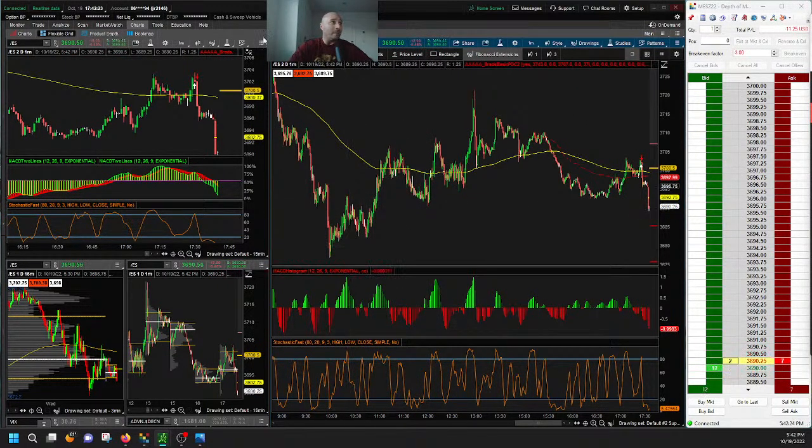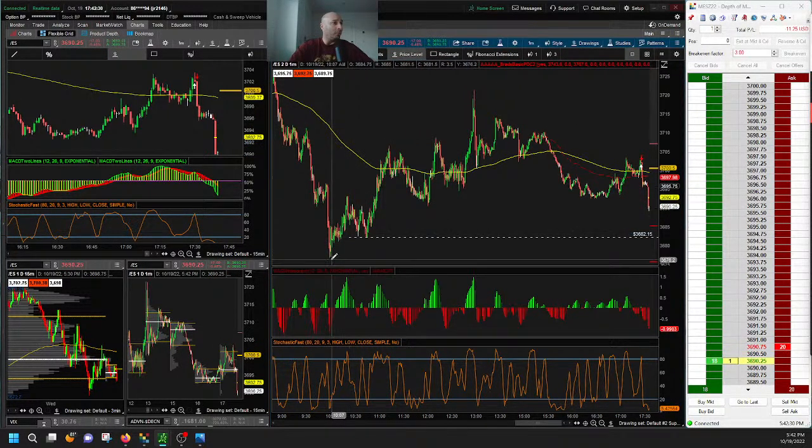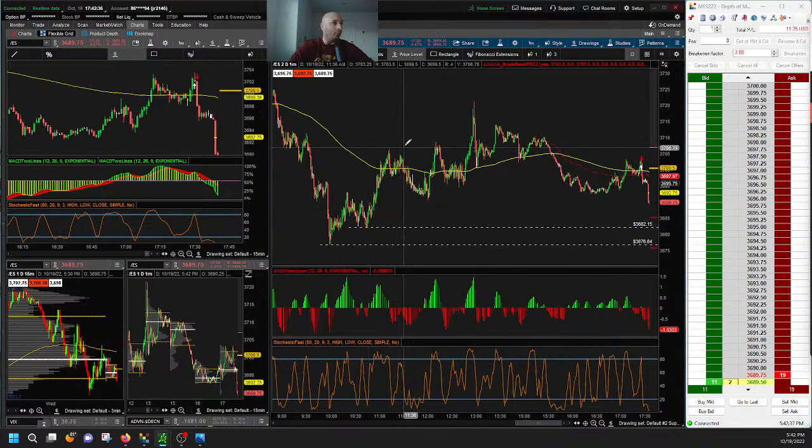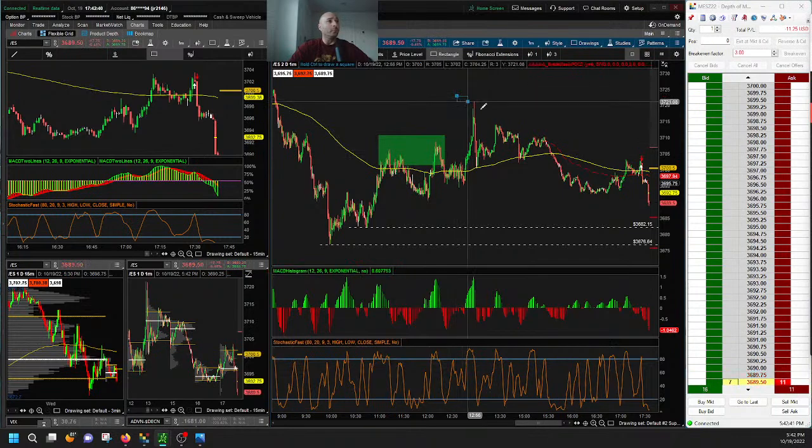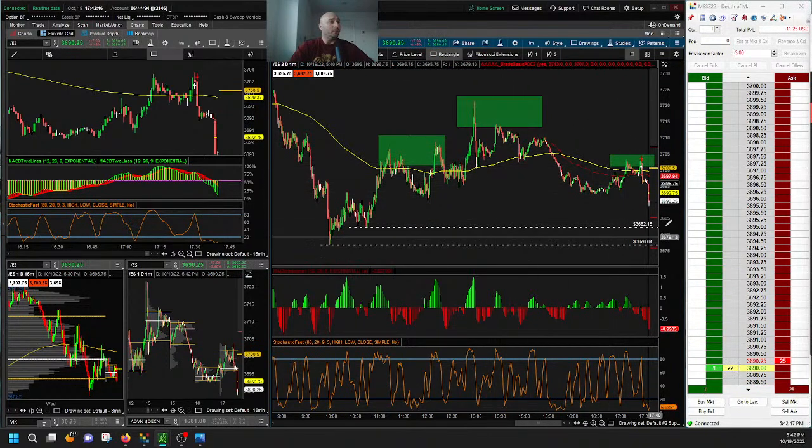So the next probably level is here, probably a support level, and then our final support level. If we take out that, watch out because we do have a massive head and shoulders going on, right? So market looks bearish, feels bearish. So we'll just sit on our hands, kind of see what's going on.